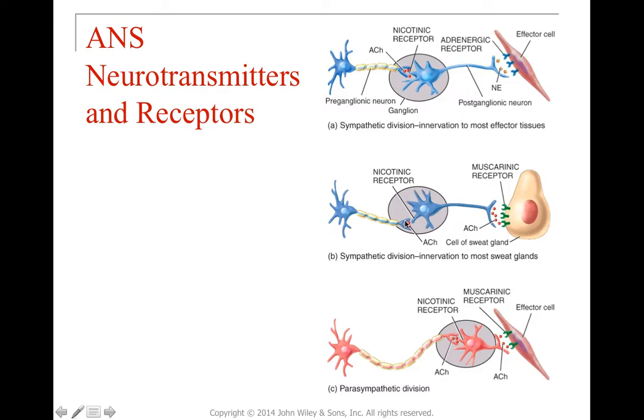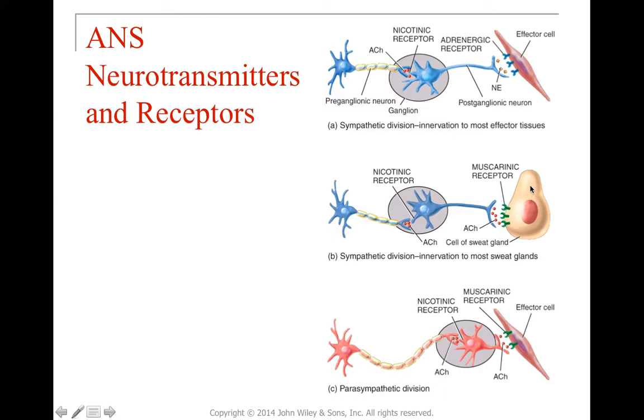So the nicotinic receptor is one that's going to be picking up acetylcholine at the actual ganglion. And at the effector cell, if we're releasing norepinephrine, that's an adrenergic receptor picking up norepinephrine right there. And if it's picking up acetylcholine, then that's called a muscarinic receptor.